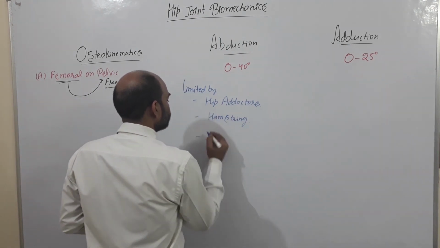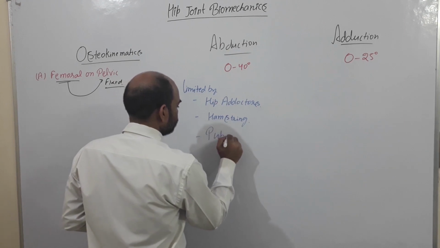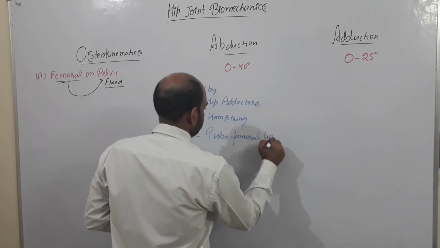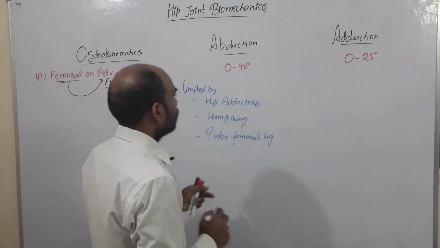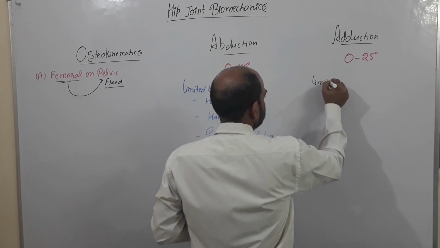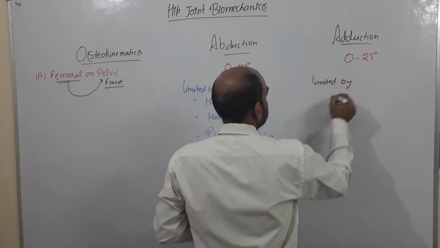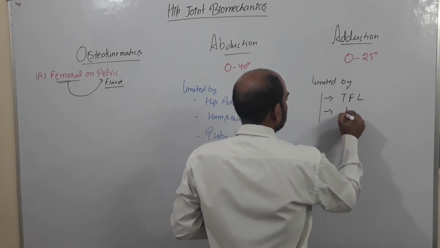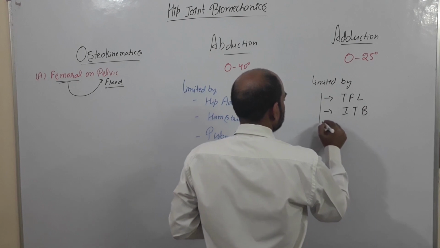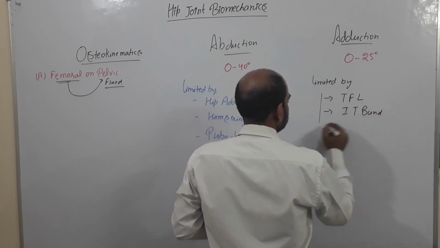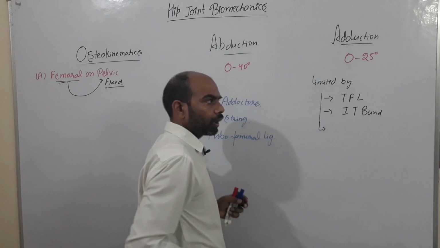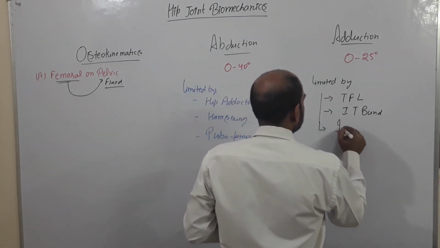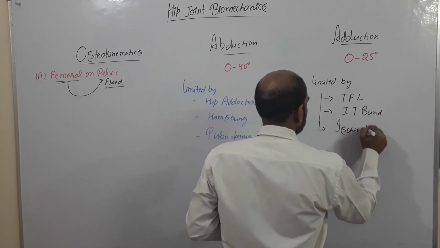Anterior ligament is pubofemoral ligament. And hip adduction is limited by TFL, IT band and posterior ligament, ischiofemoral.